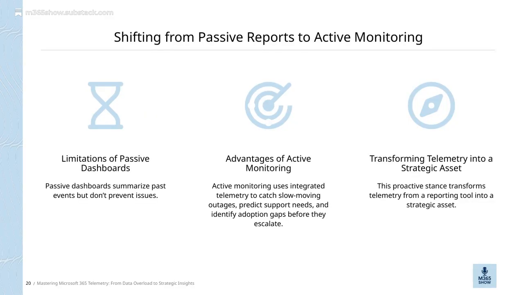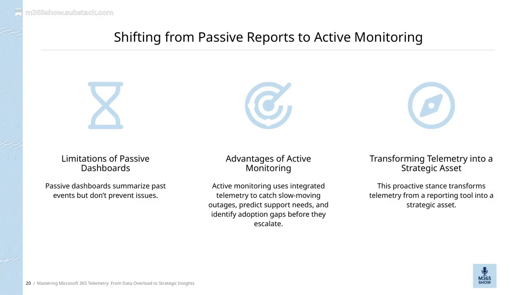Now, on this slide, we're focusing on how mastering Microsoft 365 telemetry can really shift our approach from simply collecting data to gaining strategic insights. When we take a proactive stance, telemetry becomes much more than just a reporting tool. It turns into a strategic asset that can guide our decisions and actions.